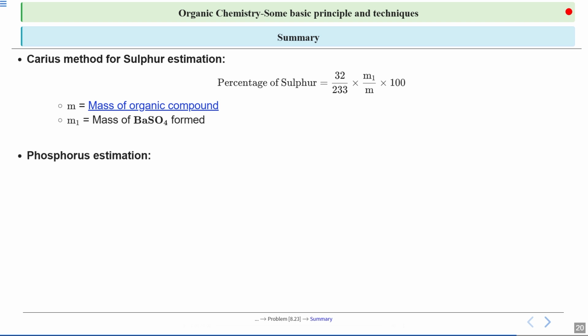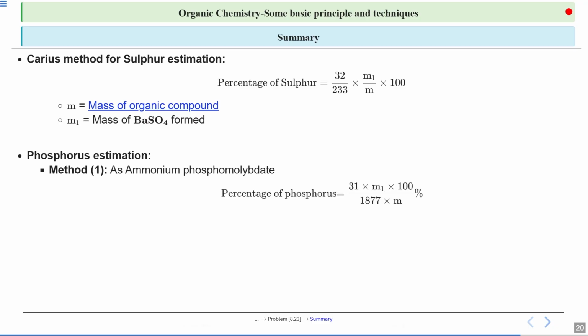Next, we talked about phosphorus estimation. In method 1, we have ammonium phosphomolybdate as the precipitate. It involves multiplying 31 by the mass of ammonium phosphomolybdate, divided by the product of 1877 and the mass of the organic compound, then multiplying this whole thing by 100.